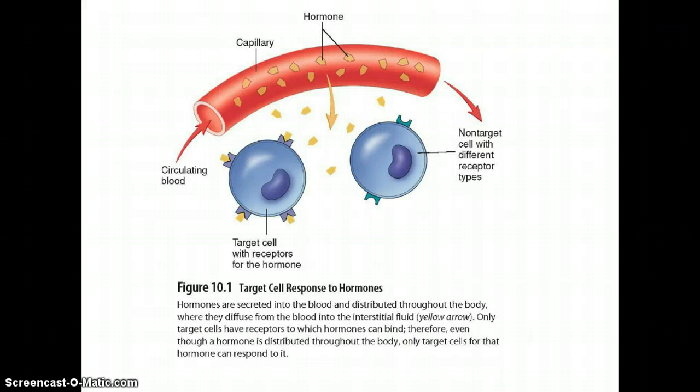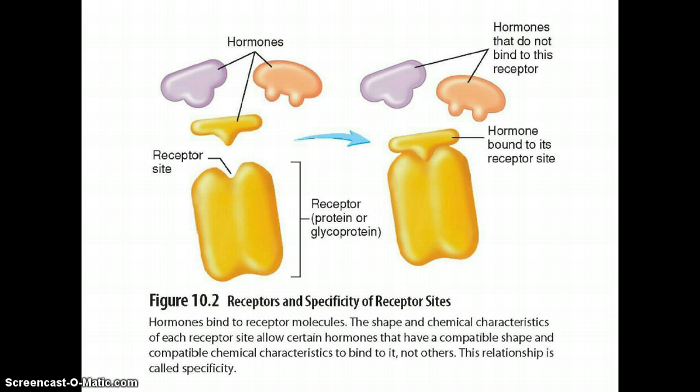Here is a general illustration of a capillary releasing a hormone, and then we could say the geometry of that particular hormone is coordinated with the geometry of the receptors on the target cells, and is not geometrically coordinated with a cell that is not a target cell.